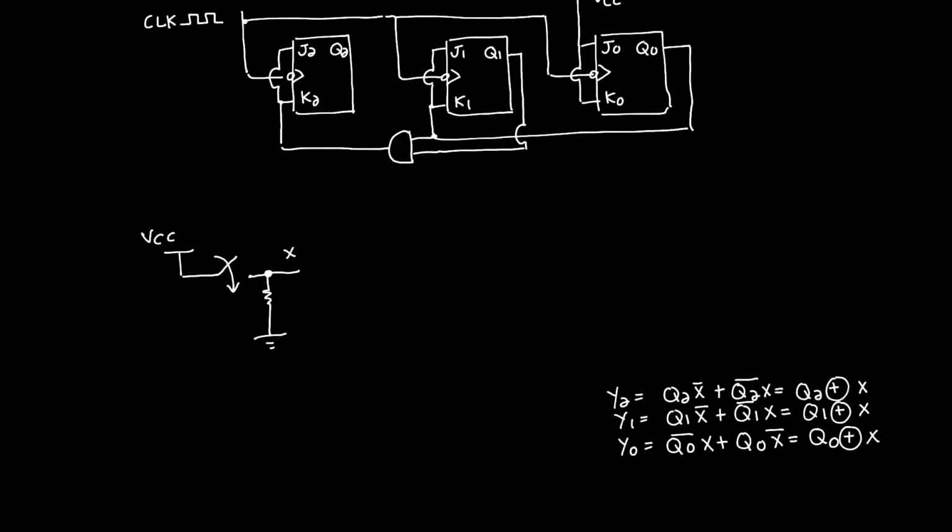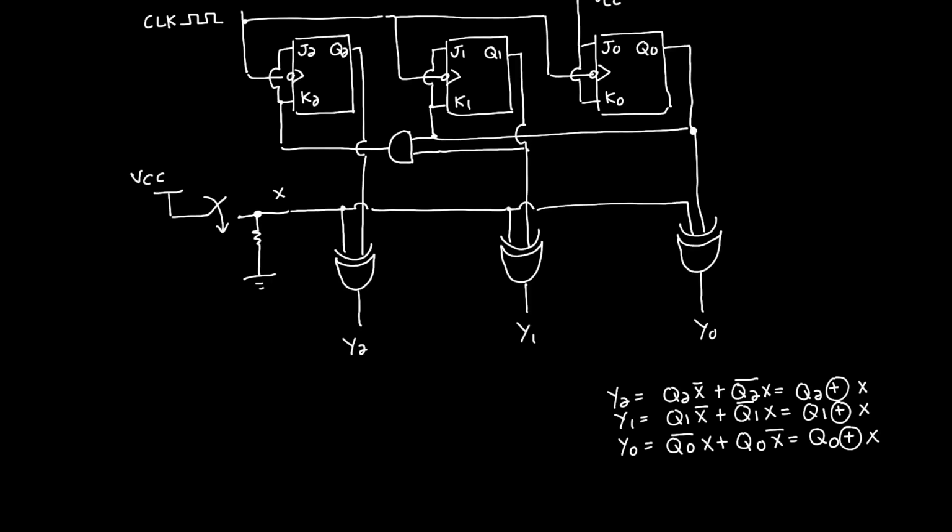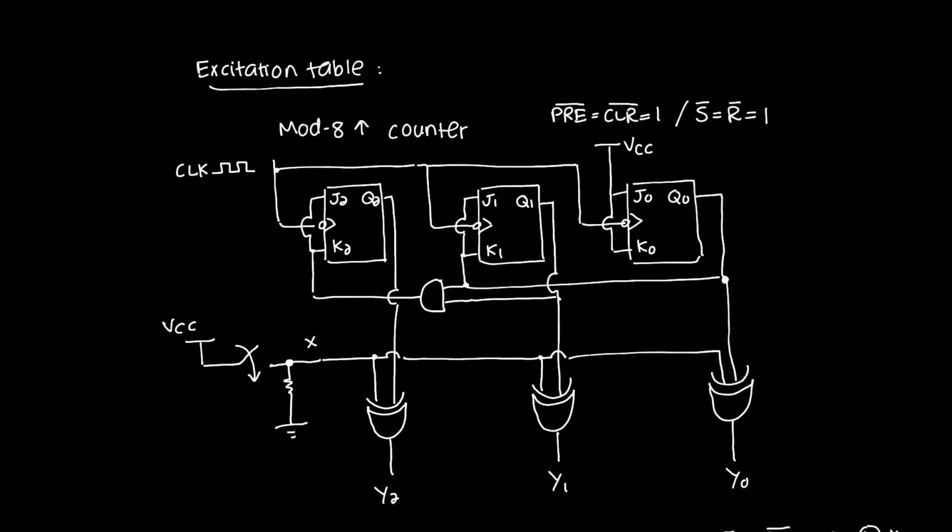And then what I'm going to have is just a series of 3 XOR gates. And so here I have my full schematic. So I'm going to label the different parts of this so that we can see more clearly when we come time to draw the block diagram. So I've got my flip-flops over here with the clock input.